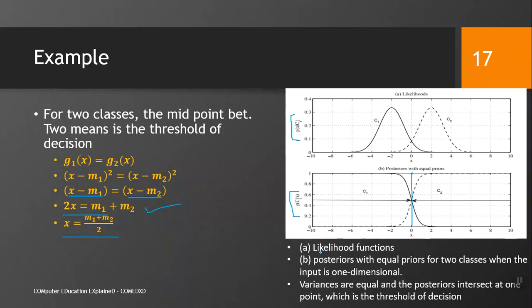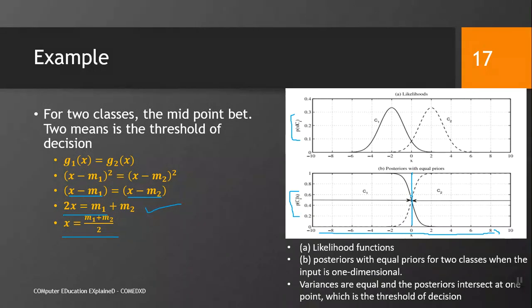We draw here the likelihood function of both C1 and C2, and then the posteriors with equal priors for two classes when the input is one dimensional. Okay, so these values are one dimensional input. For example, we say that x is the salary. Variances are equal and the posteriors intersect at one point, which is a threshold of decision.